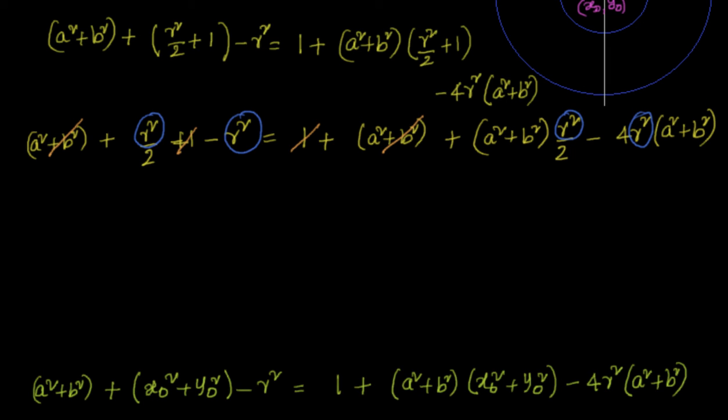Then what is left out, my last step will be, here it will be 1 by 2, here it will be minus 1 is equal to, I have a square plus b square, I can take common, and I have 1 by 2 minus 4.